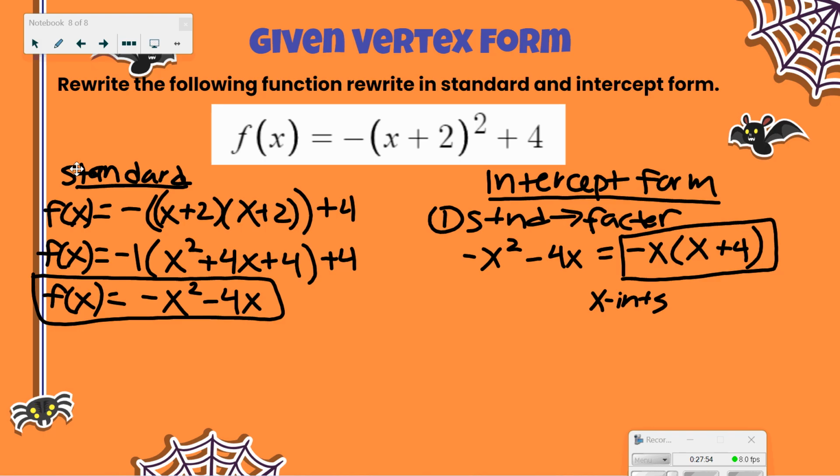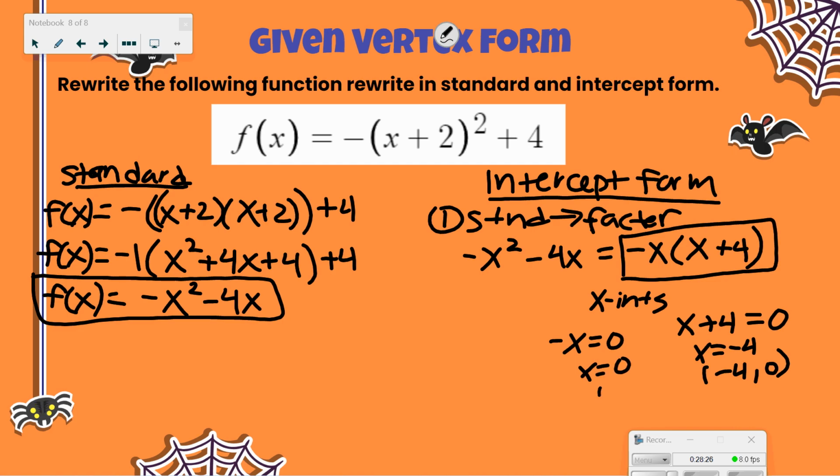What's my other factor? x plus 4 is a factor, right? So I know one x value is going to be -4. What's my other factor? Negative x plus 0, or just negative x. Notice your greatest common factor here, since it has a variable, has x with it, that is your factor. So this would be negative x equals 0, so you know x would just equal 0.